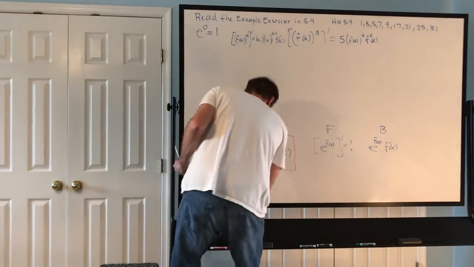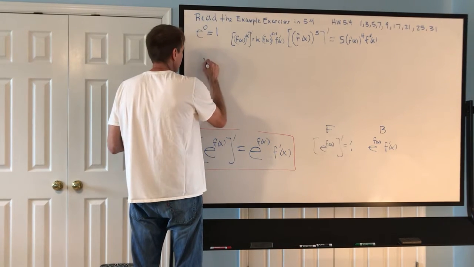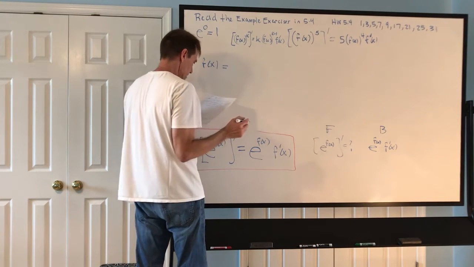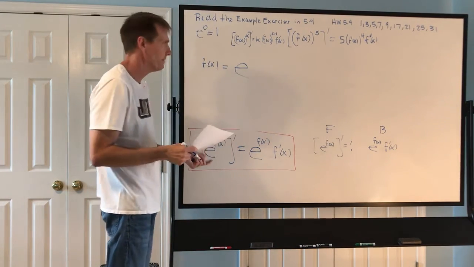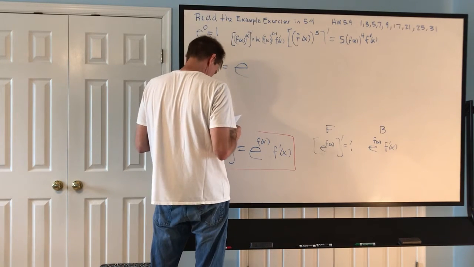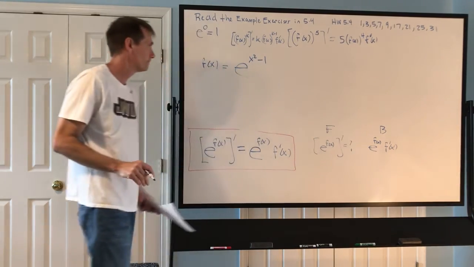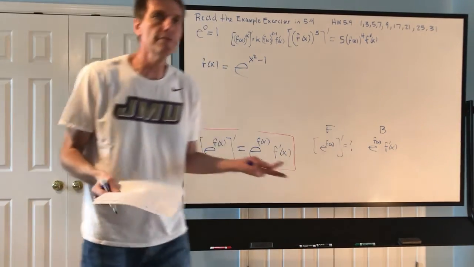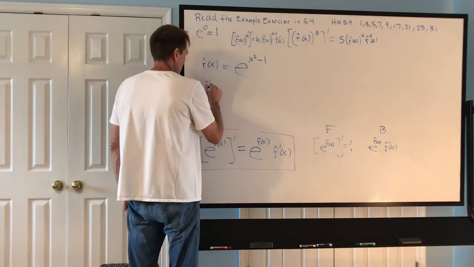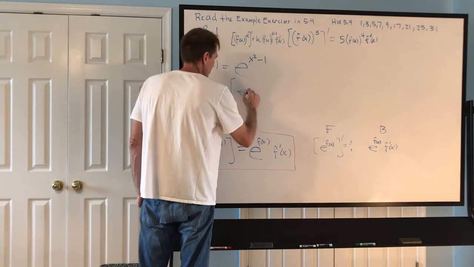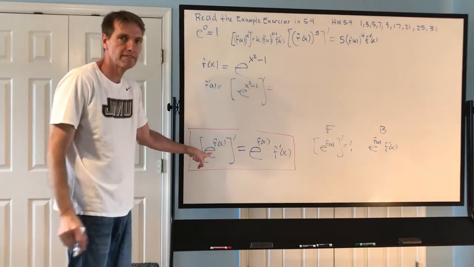Okay, so now I just want to look at a couple of examples for us. For example, suppose I had this bad boy. Suppose they said, oh, f of x, here's my function, is equal to e to the x squared minus 1. Of course, this f of x is different than the one that we have down here. And what they want us to do is take the derivative of this. But now you've got your handy dandy little pocket knife flashcard here.